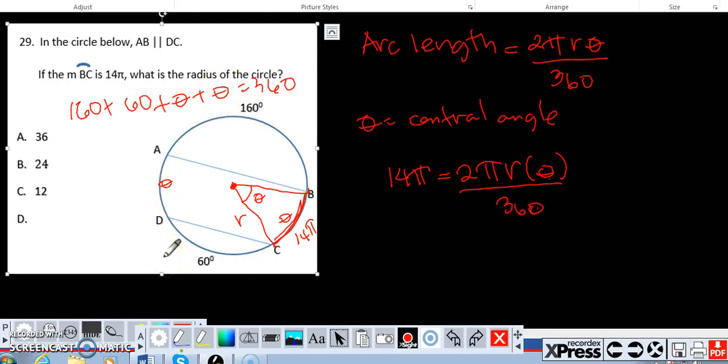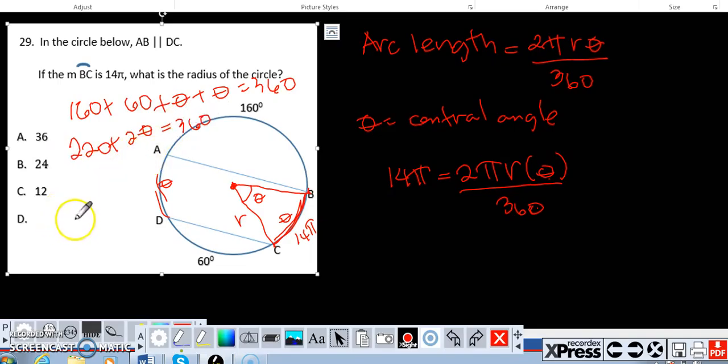We are just in the process of finding the angle. This angle right here is the same as this. So that's 2 theta plus 160 plus 60, that makes a whole circle. If we simplify that, 160 plus 60 is 220, plus 2 theta, 2 angles, is equal to 360.